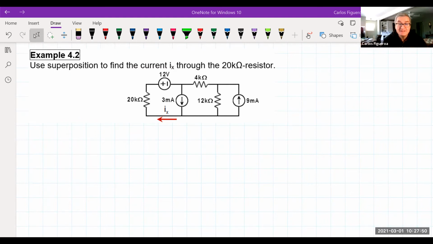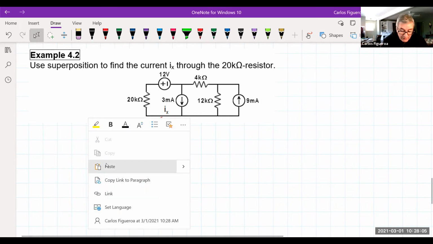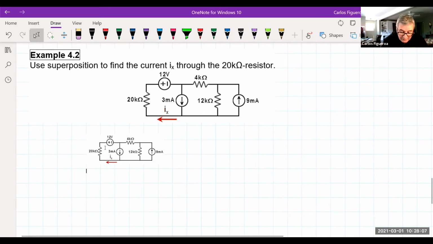So what do I mean by this? I want to look at the circuit in particular here, and what we know is that we want to calculate the current through the 20K resistor, right? So our goal is the current through the 20K, which is the same as IX.